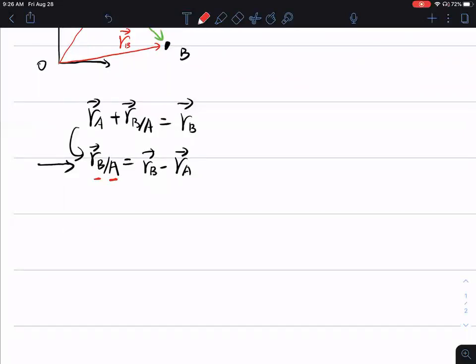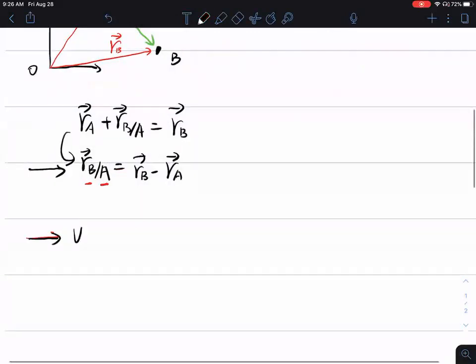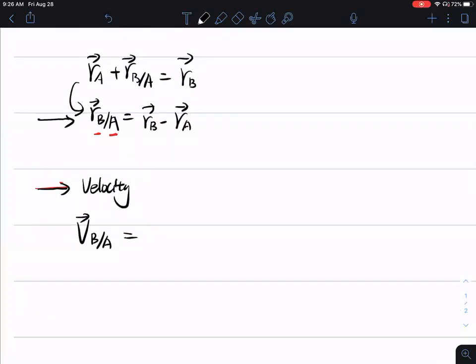And how about velocity? Can you guess what velocity would look like for relative motion? VB/A, compared to the position, it's the same deal.